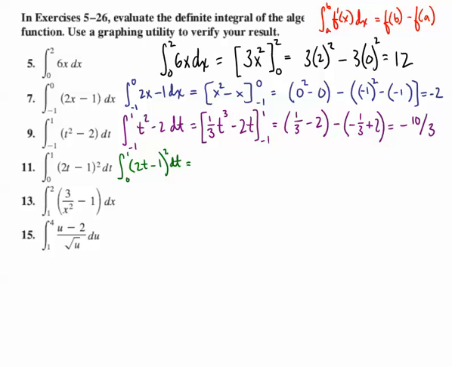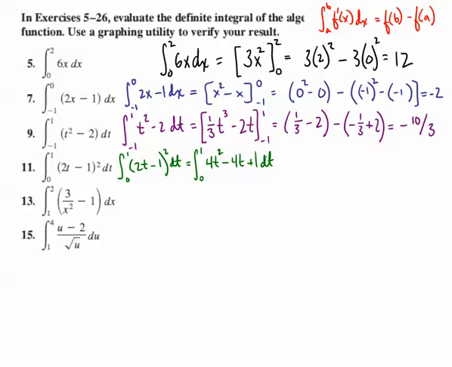We haven't learned a rule for function composition of integrals yet. We'll get to that in the next section. So from 0 to 1, expanded out, 2t minus 1 quantity squared is 4t squared minus 4t plus 1.